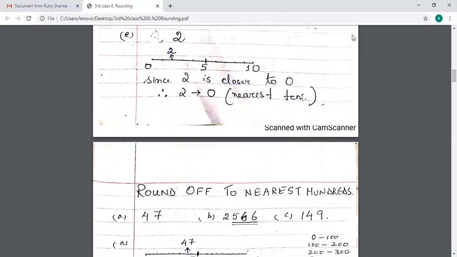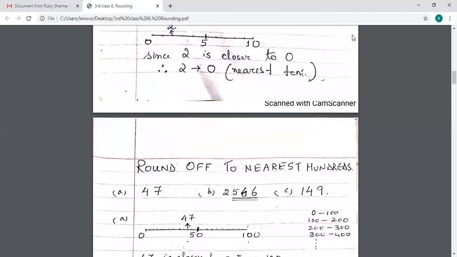Now here we observe that 0, 1, 2, 3, 4, all these will round off to 0. And 6, 7, 8, 9 will round off to 10. Now suppose we have 5 here. 5 is the midpoint. So according to the convention we have been following till now, it is rounded off to the higher number. That is, 5 is rounded off to 10.